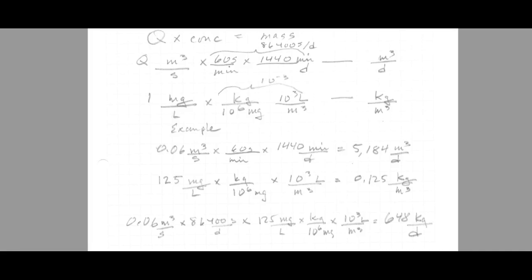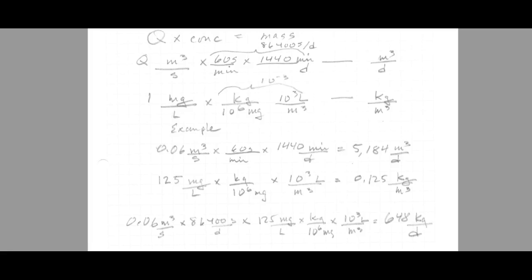So the last part of this little video is how to relate the mass and the concentration in the flow. The flow we're going to be expressing in terms of cubic meters per second, cubic meters per day. We're going to only stay in the metric system, so we're going to be converting flow rates to cubic meters per day usually.